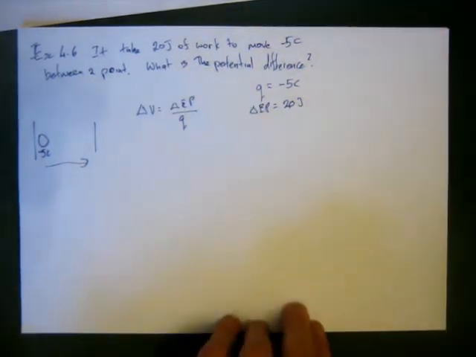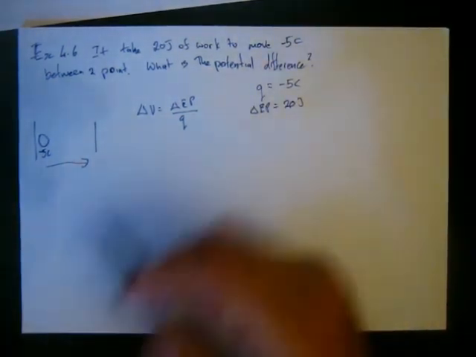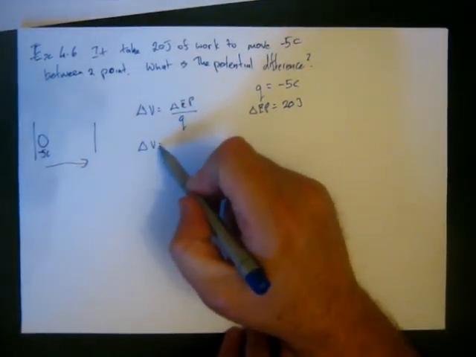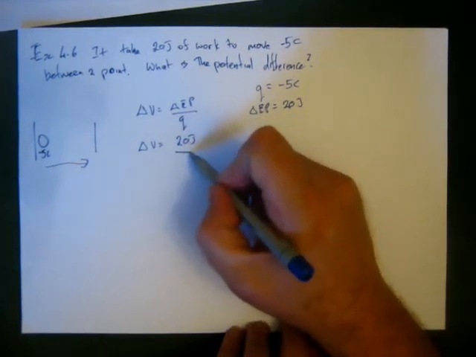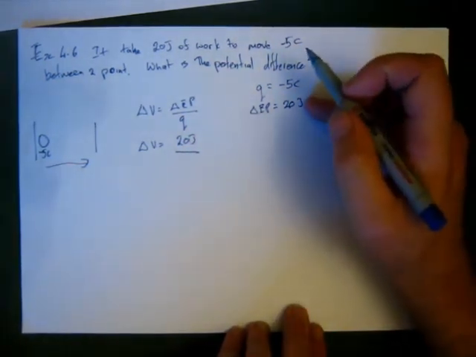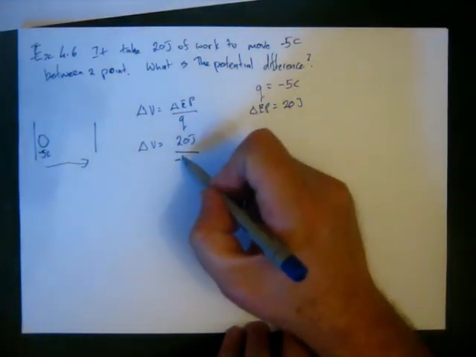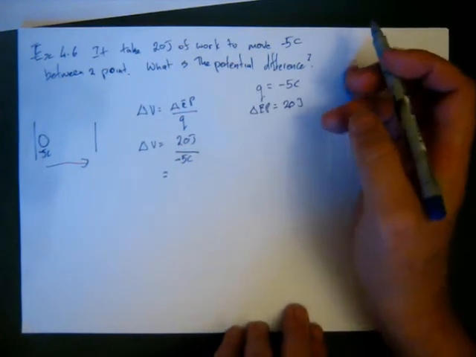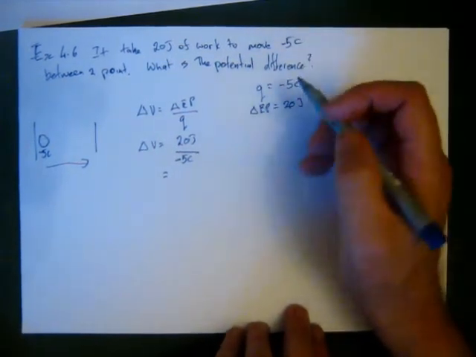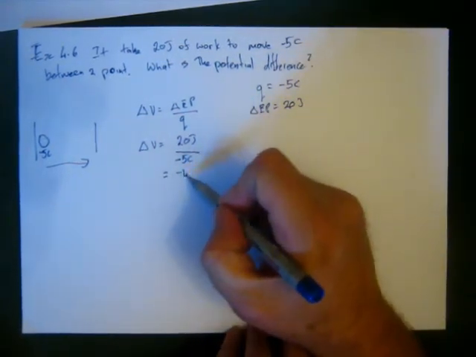And all we can tell is the change in the voltage. So the change in voltage, don't even have to rearrange here, is going to be 20 joules divided by negative 5 coulombs, which equals negative 4 volts.